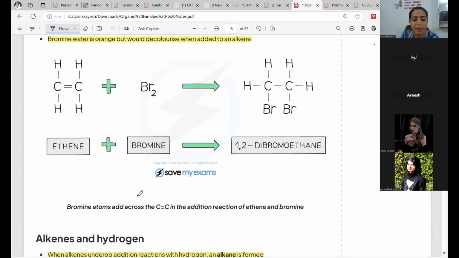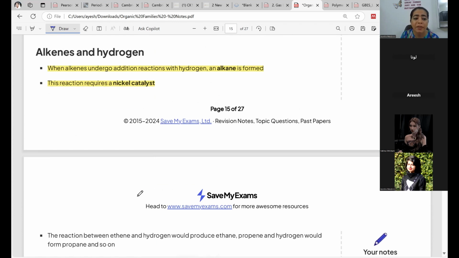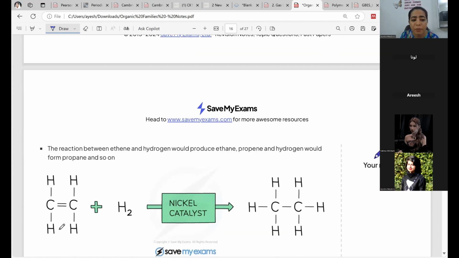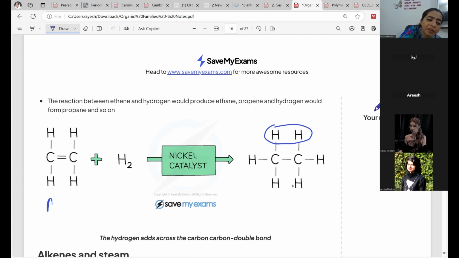We have some other reactions as well, such as addition of hydrogen. Alkenes can also break the carbon-carbon double bond and add hydrogen on it. The carbon double bond will break, and both carbons will get one extra hydrogen. After adding hydrogen, this alkene is changing into an alkane, so this is a method to prepare alkane from alkene.